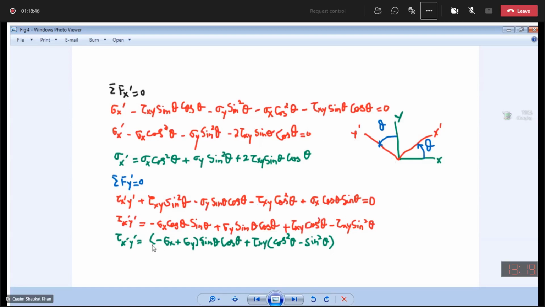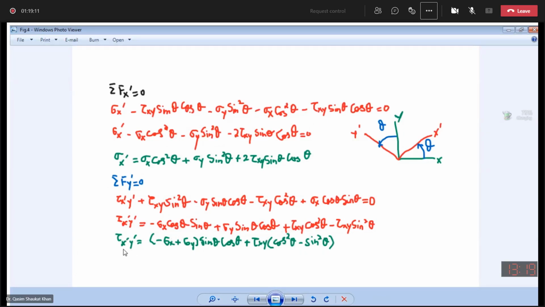Okay? Now what we are going to do, tau x dash y dash, we are taking this sine theta cos theta as common, so this will become minus sigma x plus sigma y sine theta cos theta. Then we are taking tau xy as common here, so plus tau xy cos squared theta minus sine squared theta.